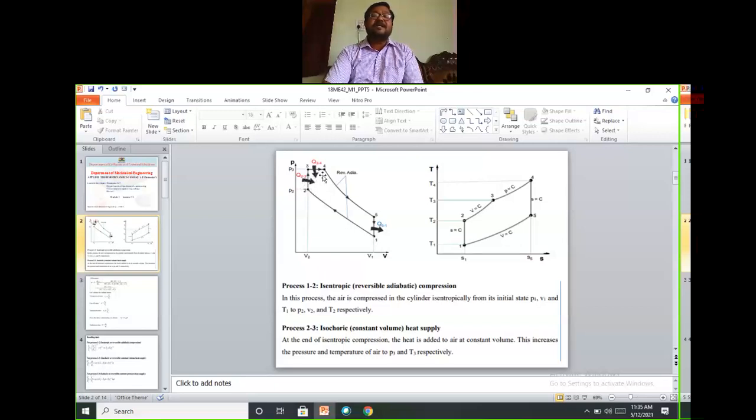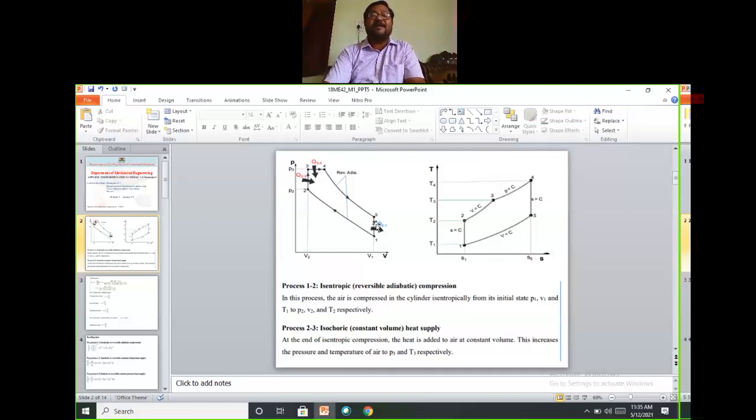Q2 to 3 plus Q3 to 4, both combined, are called the heat addition process. So heat addition takes place from 2 to 4. Then you can ask one question: sir, where does the cutoff take place, at 3 or 4? There is a confusion. Here the cutoff takes place at the end state, that is state 4. You must be very careful about that.